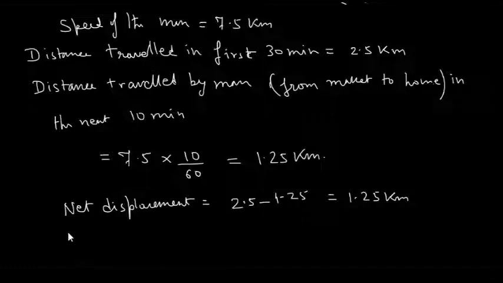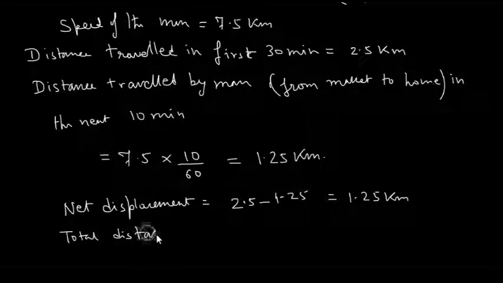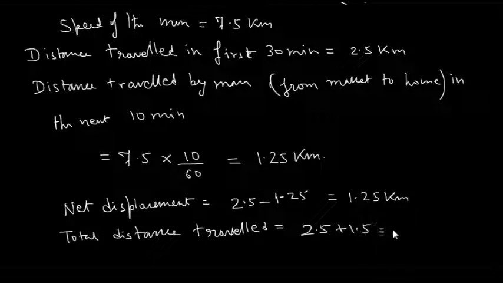Total distance traveled is equal to 2.5 plus 1.25, that is 3.75 kilometer.